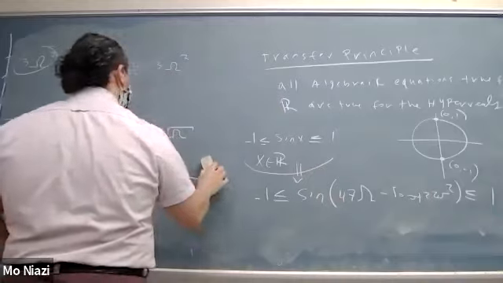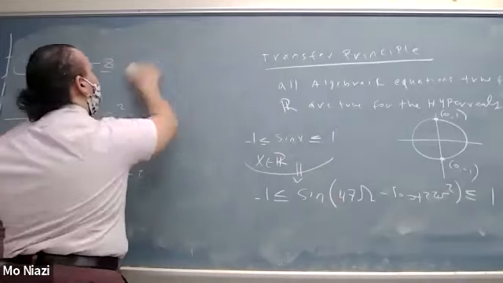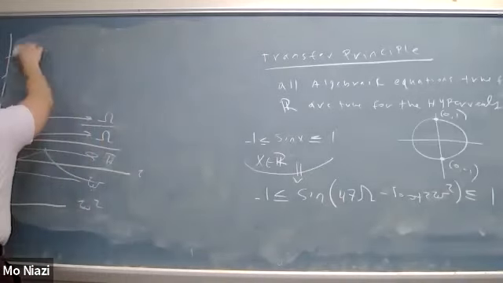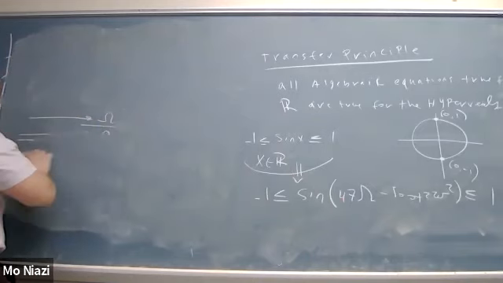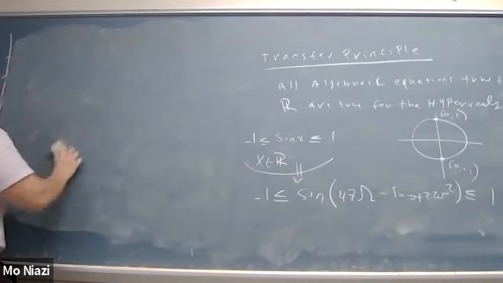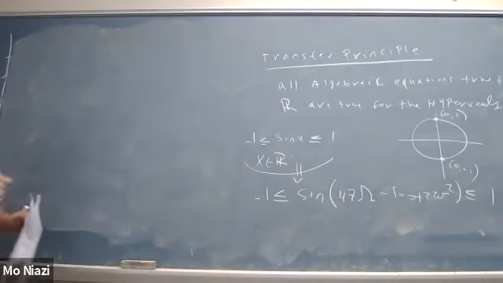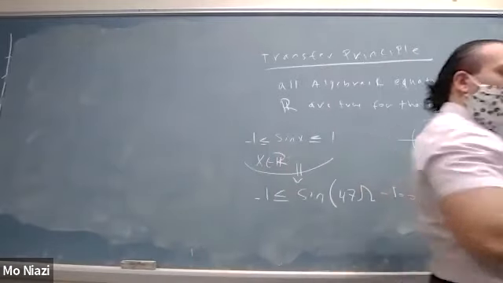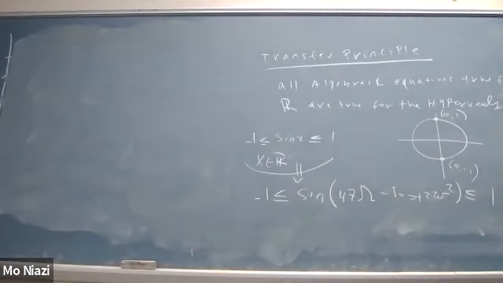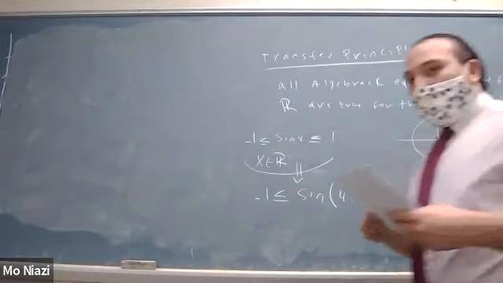The transfer principle says that this holds. There is a proof for the transfer principle, but that is graduate level mathematics. We are right now at undergraduate level mathematics. Okay, so that is 1.1. Let's move on to 1.2, approximation.